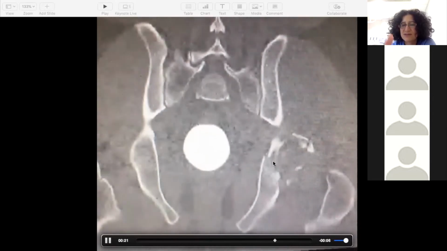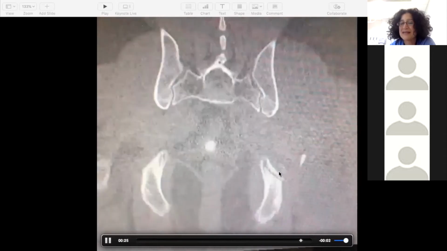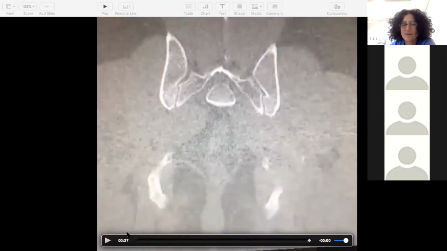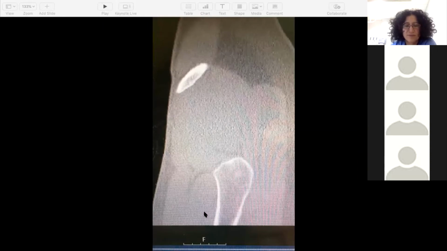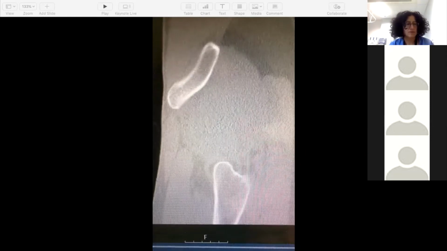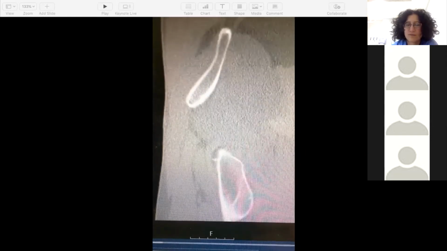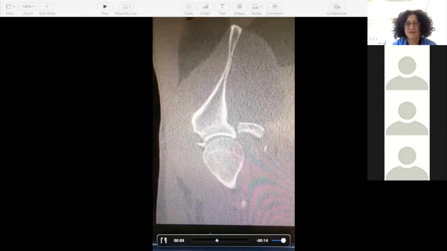Now it's going more distal, so the orientation of the transverse fracture line is quite oblique. All right, so this is a great sequence for seeing all these pieces of posterior wall.